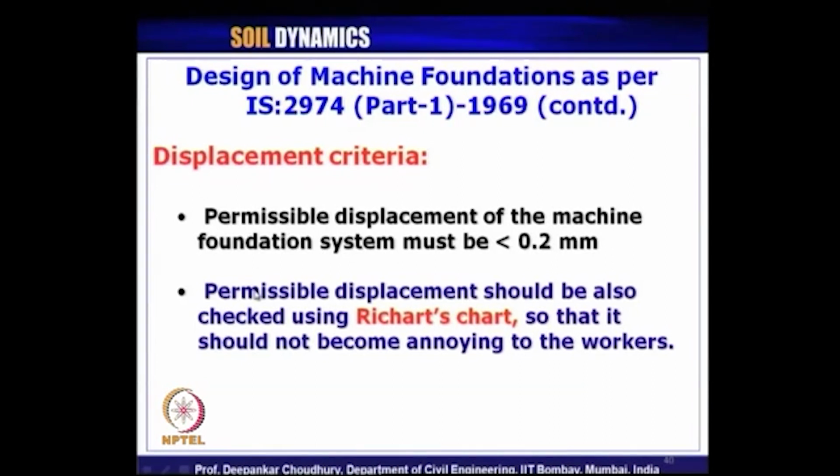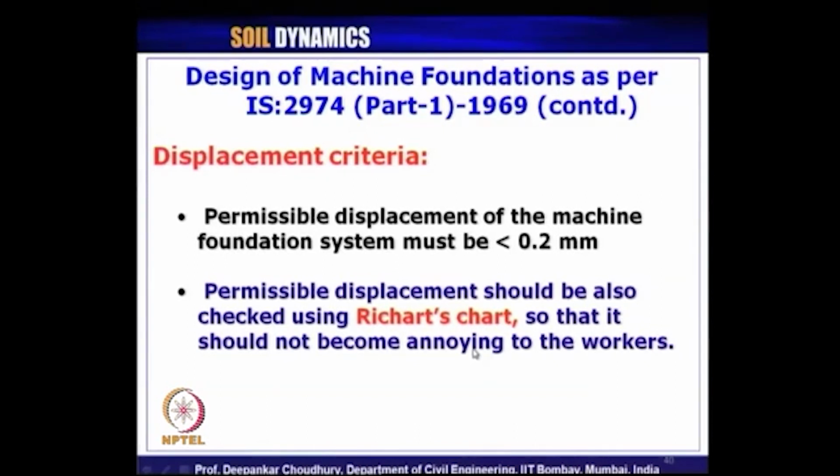And the other criteria, that is the permissible displacement criteria from qualitative assessment. As I was talking earlier, the third criteria for dynamic loading is that it should not be annoying to the surrounding people or damaging to the adjacent structures. So, to maintain that, the permissible displacement should be checked using Richard's chart, so that it does not become annoying to the workers or adjacent structures.